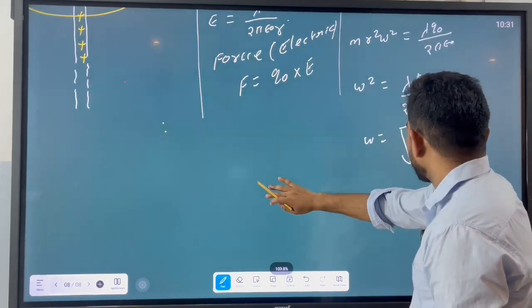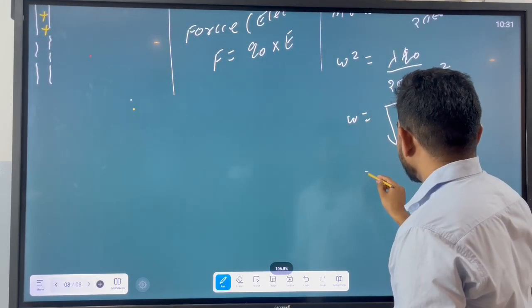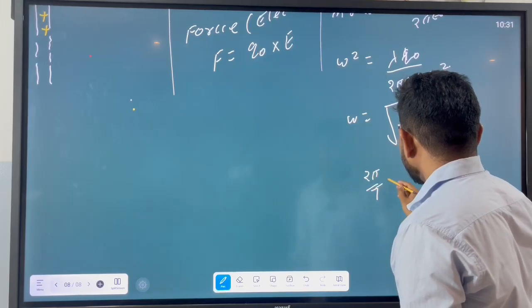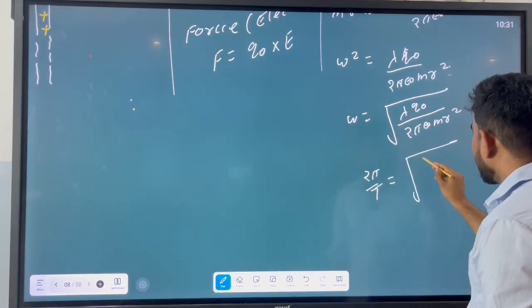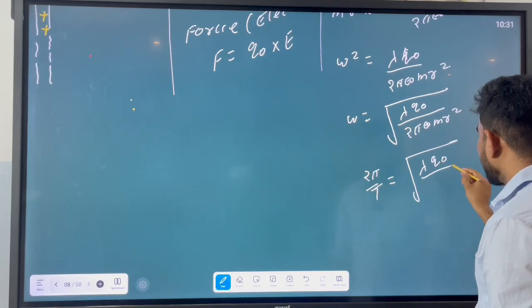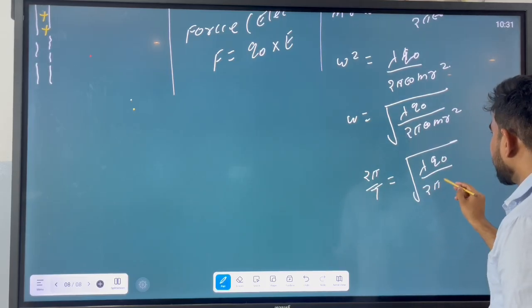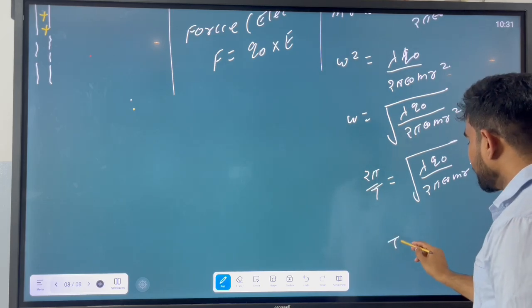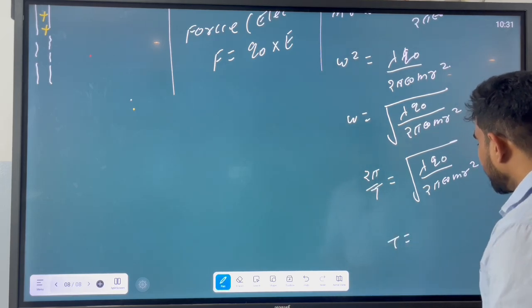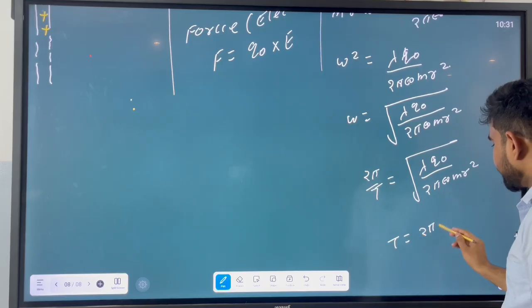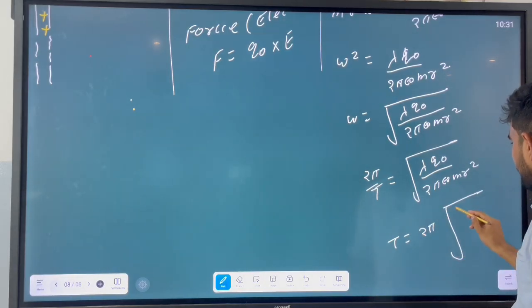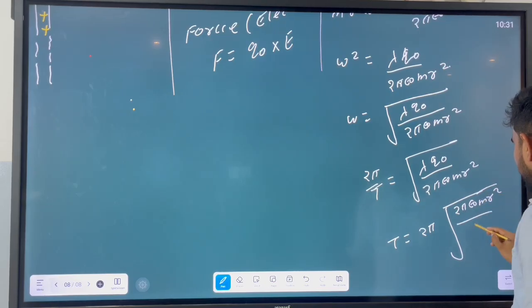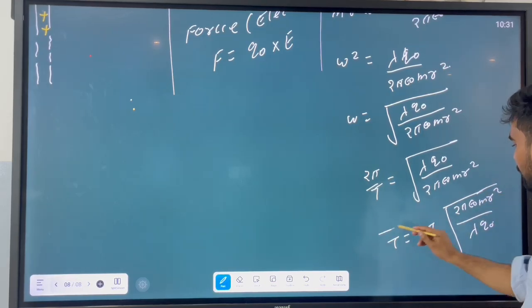Omega is the angular frequency, and here 2 pi divided by T equal to the square root of lambda times q naught divided by 2 pi epsilon naught m r square, and the value of T equal to 2 pi times the square root of 2 pi epsilon naught m r square divided by lambda times q naught.